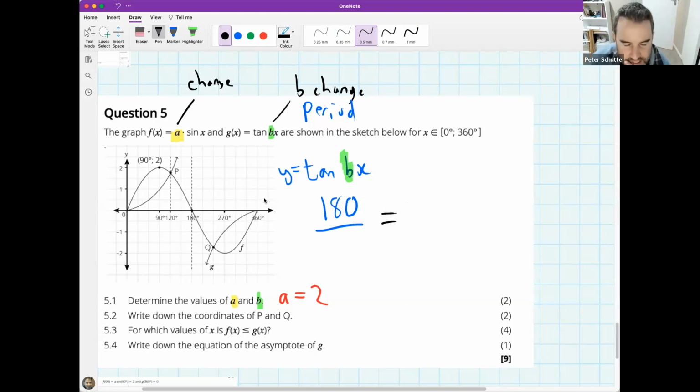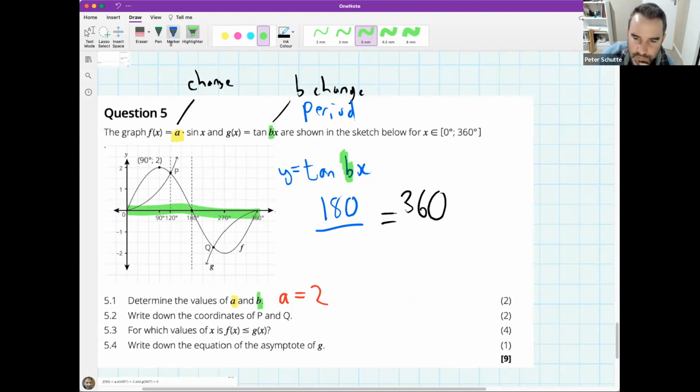Does anybody have any ideas about what the period of this tan graph may be? So I think if I look at this, normally a full tan graph can happen in 180 degrees. But this tan graph, a full tan graph, fits in 360.